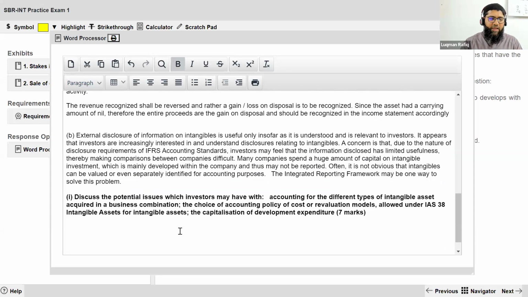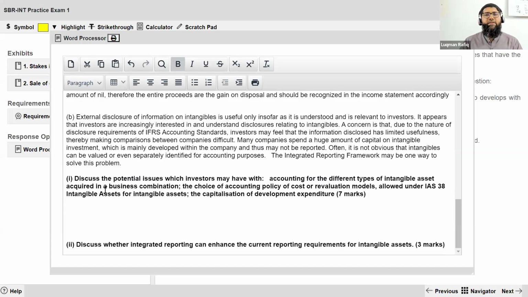Now see, what are they mentioning in this requirement? Discuss the potential issues which investors may have with accounting for different types of intangible assets acquired in a business combination, the choice of accounting policy of cost or revaluation allowed under IAS 38, and the capitalization of development expenditure.